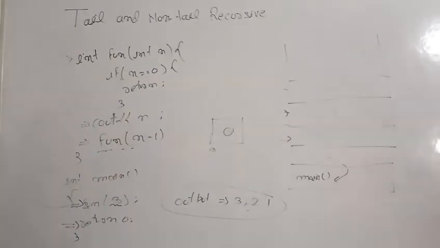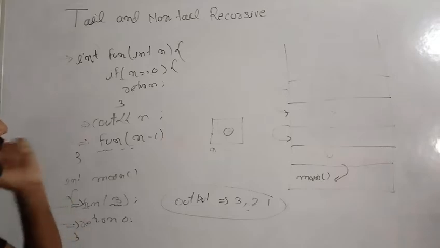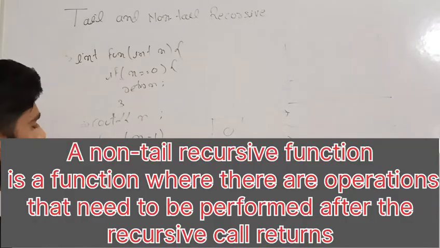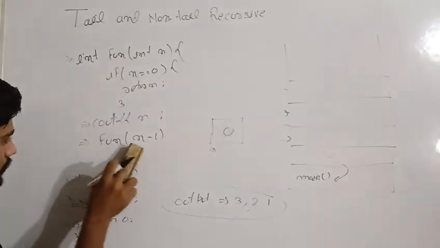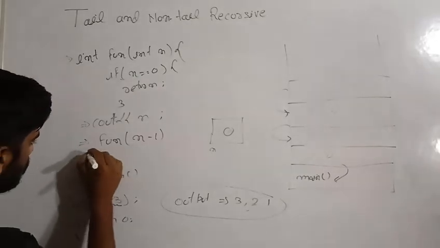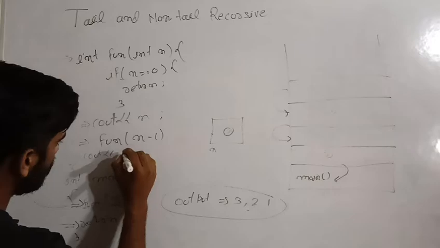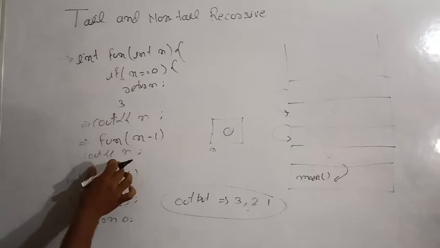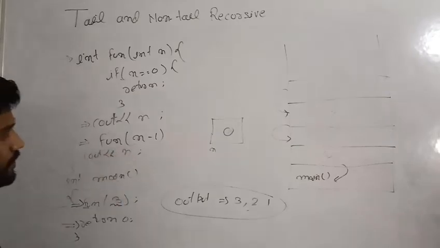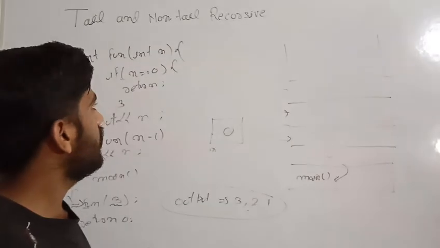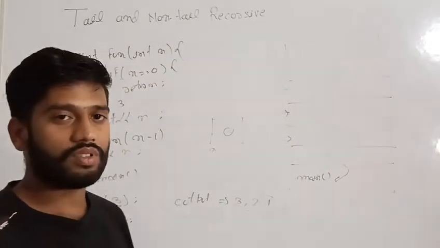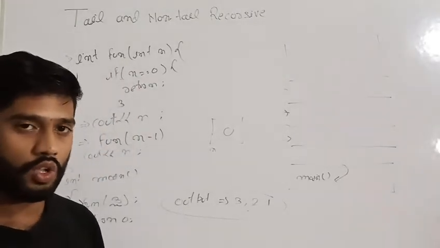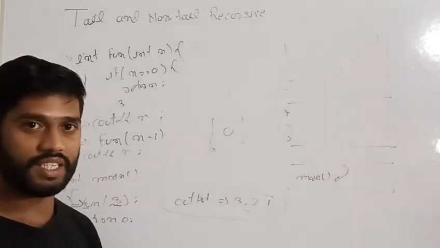Now we'll also see the non-tail recursive version. What I will do here is add a line, cout n. When we talk about non-tail recursive functions, it means after the recursive call there is a statement, so we need to maintain the record of the previous state.